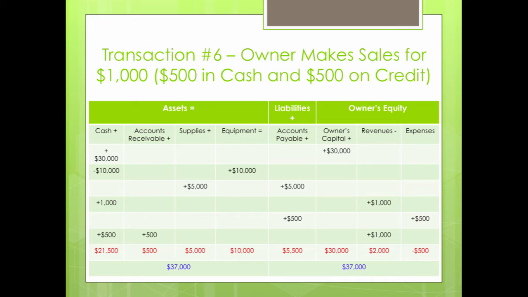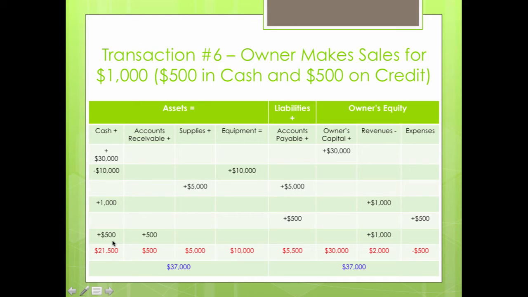Sales are revenues. The total revenue of this transaction is $1,000. So we record the entire $1,000 as a positive under the revenues account. Now, $500 of the revenue was received in cash, so we record this as a positive under the cash account right here.